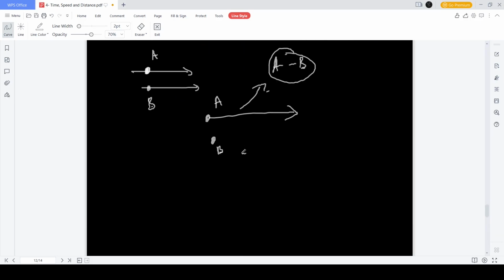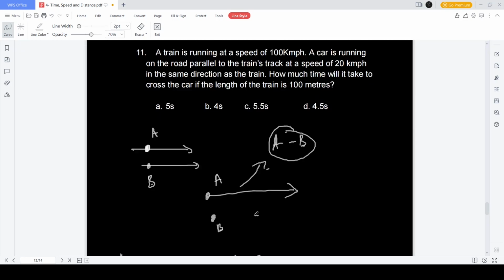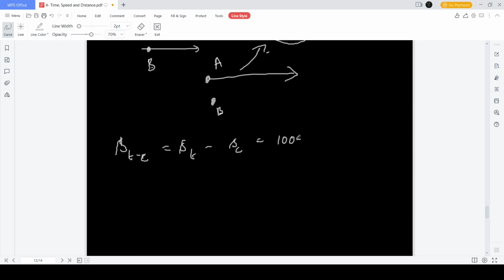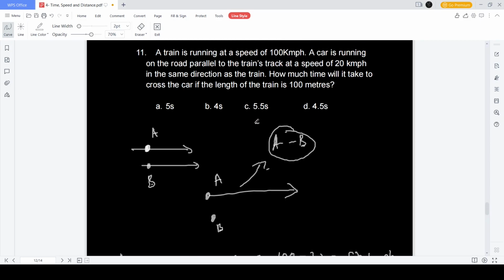That is speed of the train minus speed of the car. It is 100 km minus 20 km per hour, 80 km per hour. So this is the speed with respect to the car.